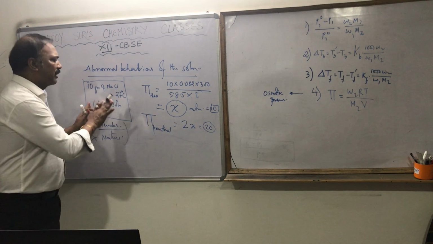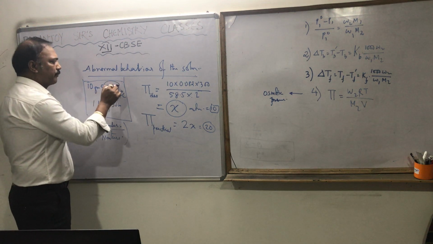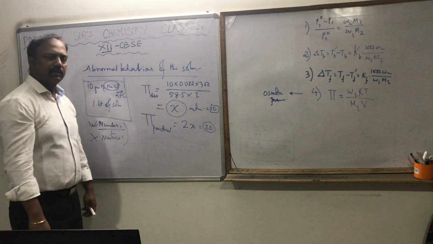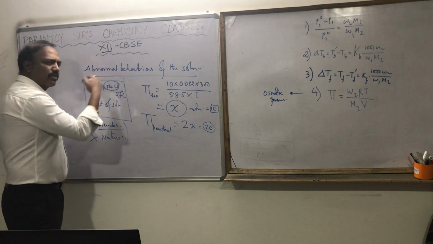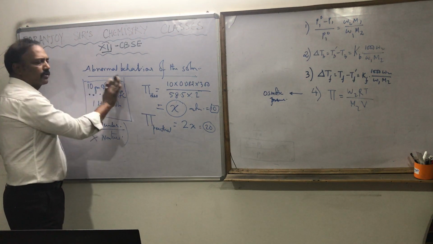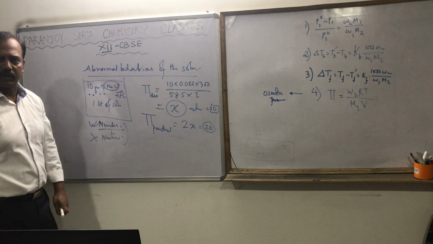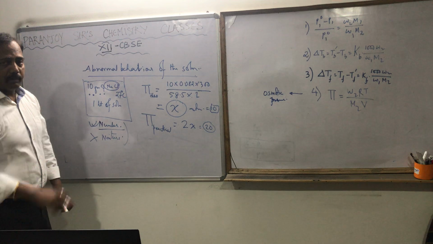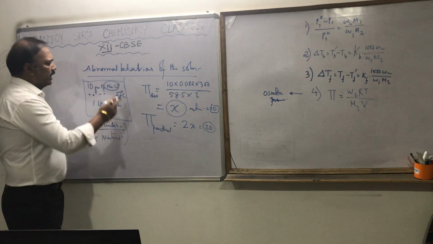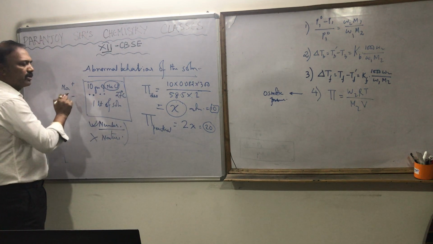Now, how can we explain this? I told you we are adding sodium chloride, so we are thinking we are adding sodium chloride as a molecule. Suppose 10 gram contains X molecules of sodium chloride. So we are calculating theoretically for X molecules of sodium chloride. But in actual practice, what is happening? Whenever we dissolve sodium chloride, it gets dissociated into Na positive and Cl negative ions.